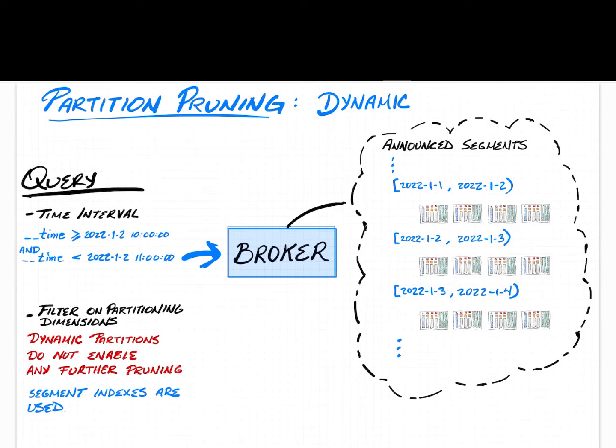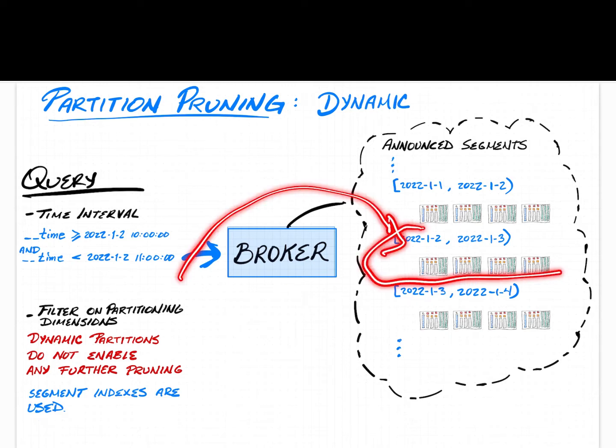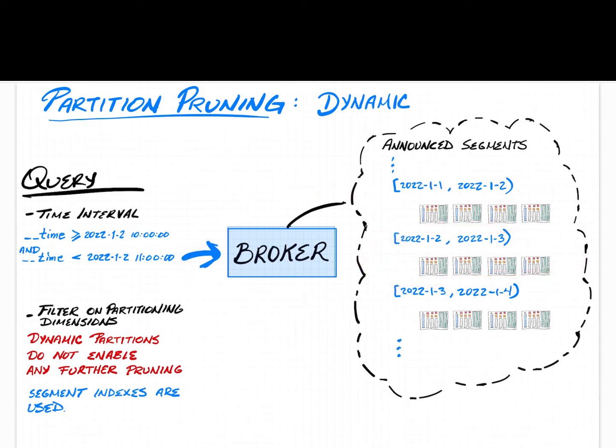First, let's do dynamic partitioning. With dynamic partitioning, the time interval can effectively be used to prune on time, so you will be able to select a particular time chunk to read from. But given that it's dynamic, the partitions are not ordered in any way, and all queries will always require that we read all partitions within the time chunk.